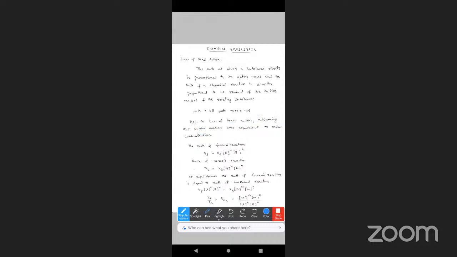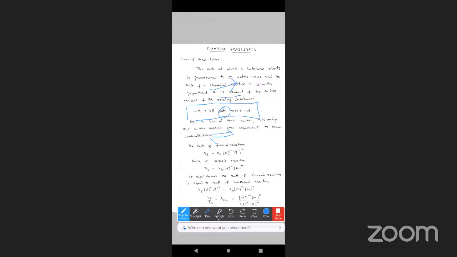So see, for this general reaction, aA plus bB in equilibrium with mM plus nN, the arrow indicates equilibrium, which means the rate of forward reaction equals the rate of backward reaction. Normally for a reaction we mention one arrow mark.